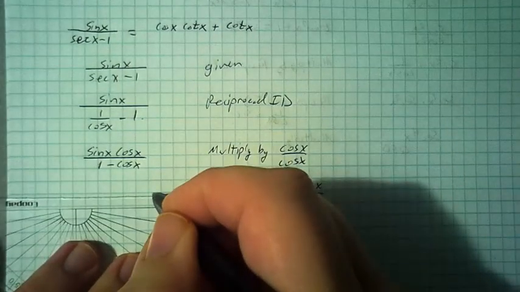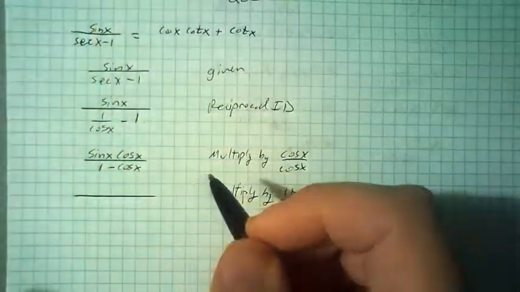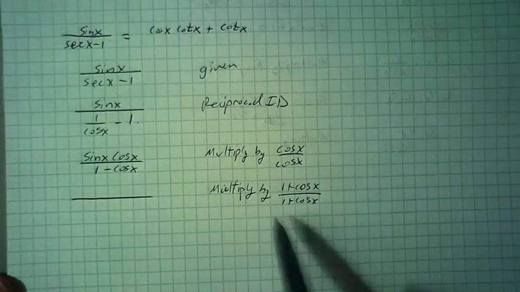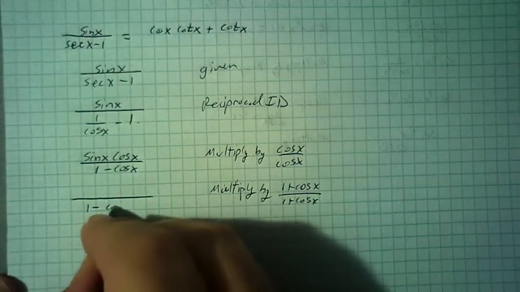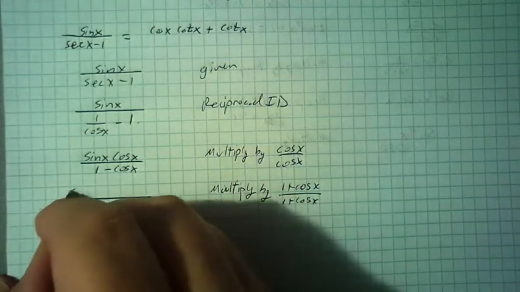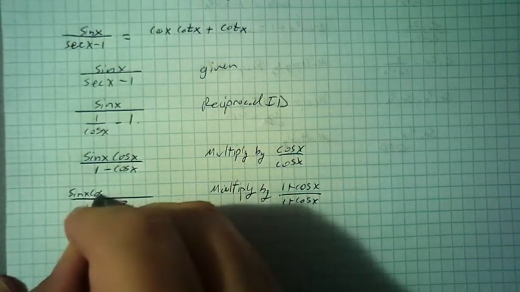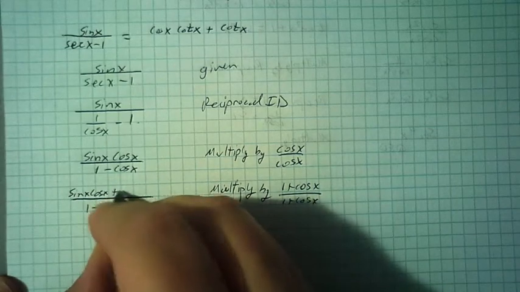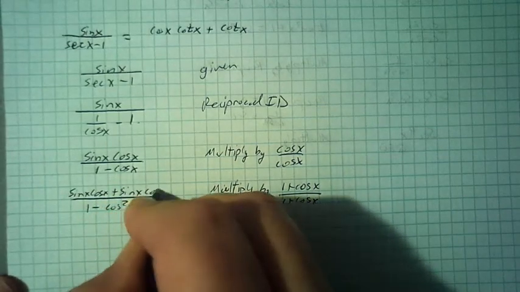You know, I see it now. I totally should have done that way up here. And multiplied by secant plus 1, I'd be done by now. So the bottom becomes 1 minus cosine squared x. The top becomes sine x cosine x plus sine of x times cosine squared of x.